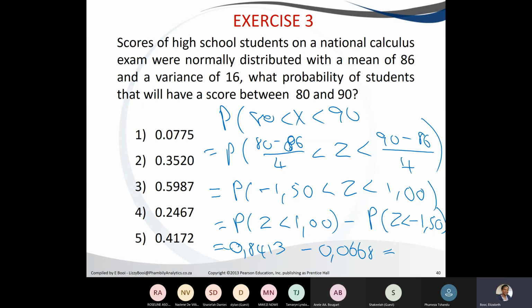I don't think we have the answer on there. 0.8413 minus 0.0668 equals 0.7745. I got that answer as well. I think this was an errata here. It should be 0.7745. It should be like that.